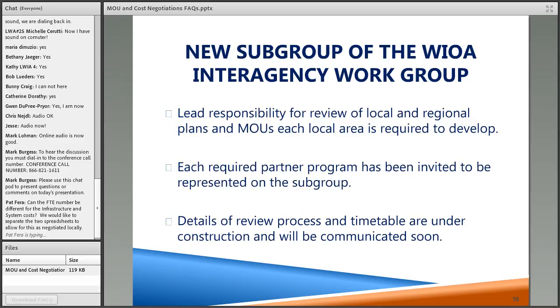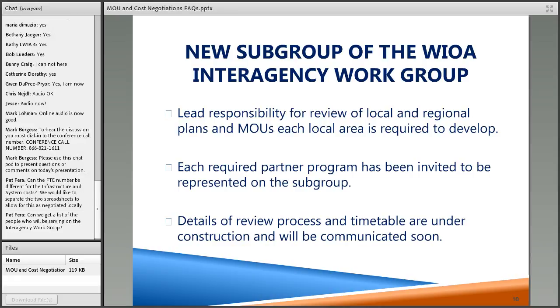When I say soon, I'm hoping that will be soon after the next meeting of the interagency work group, which is scheduled for next Wednesday, the 4th of May. So either by late next week or early the following, the hope is to have information available to you describing how the review process is going to work at this state level.